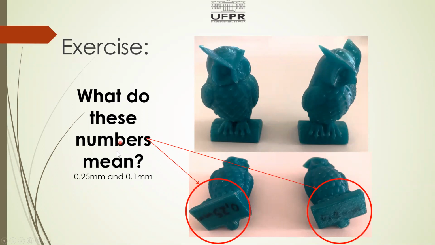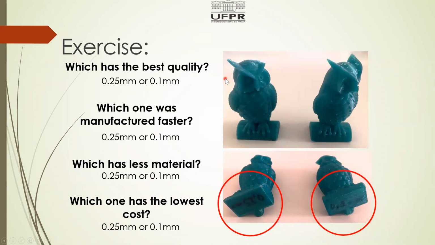What do these numbers mean, 0.25 millimeters and 0.1 millimeters? What is the difference? It is the layer height, yeah? And which has the best quality? This one or this one? Oh, this one is better.